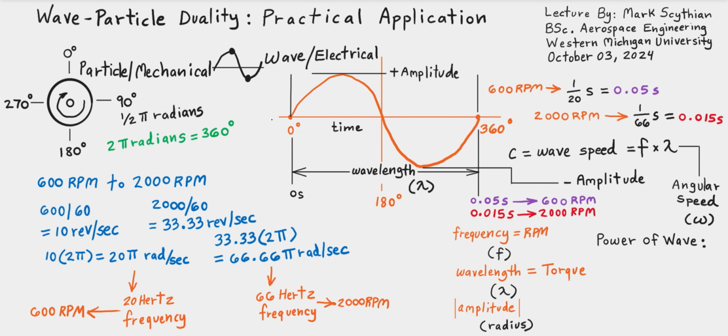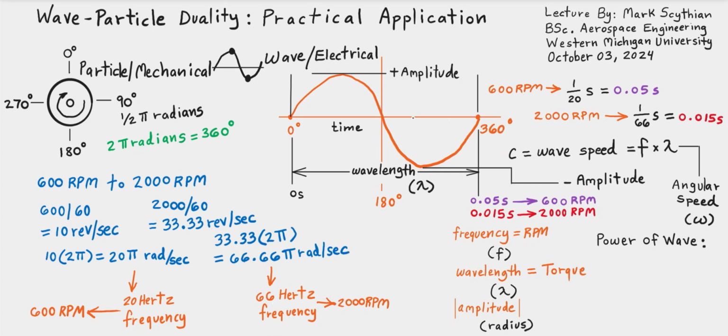So if we look at one cycle of a sinusoidal wave or sine wave, this would complete 1 hertz if the time period was 1 second. But based on these RPMs, the frequency is going to be 20 of these cycles per second for 600 RPM, and 66.6 of these cycles per second for 2000 RPM.